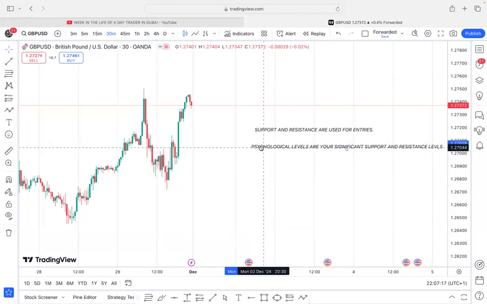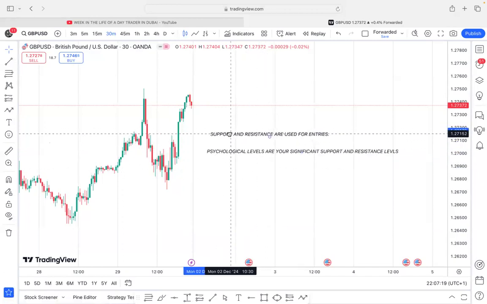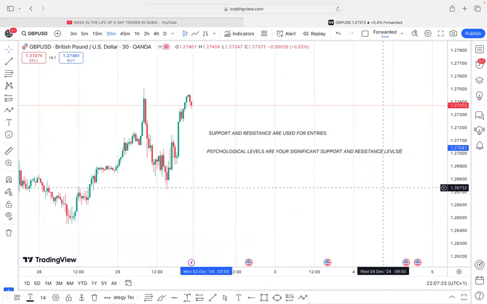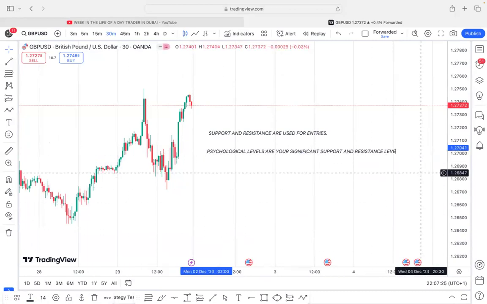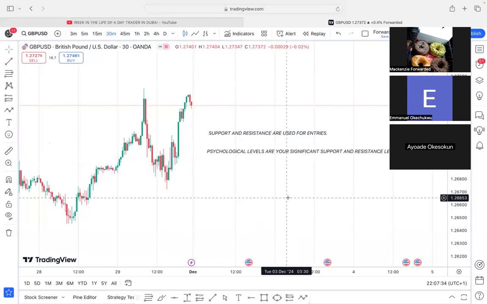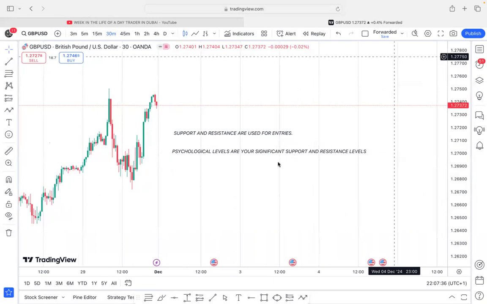Your psychological levels are your significant support and resistance levels. What is a psychological level? How do you identify them? How do you identify your significant support and resistance levels?